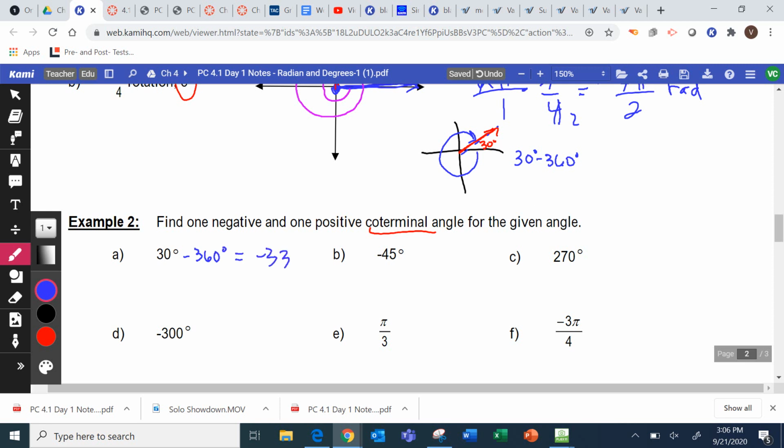And then to find a positive, we go 30 degrees, and then we go all the way around again.